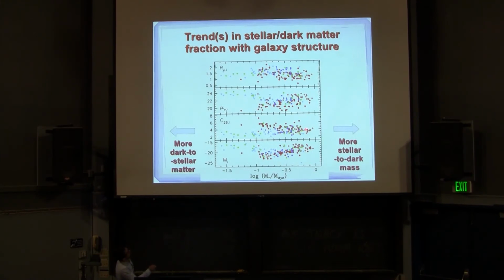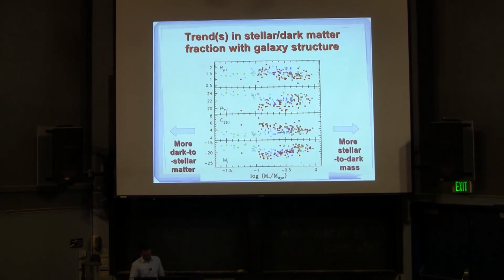We detect a statistically significant correlation amongst the early type galaxies in our sample, whereby as you go to higher concentrations, the fraction of dark to stellar matter increases. Now, there also seems to be some kind of a hint that amongst the late types as well, there might be an opposite trend, whereby as you go to higher concentrations, the fraction of stellar mass increases as opposed to dark matter.